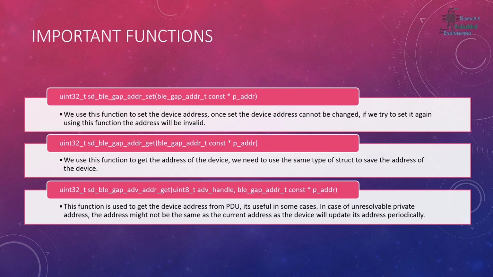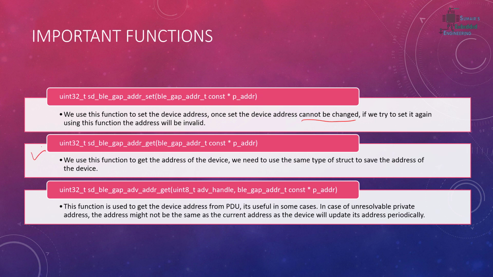This function will set the device address. Once set, the device address cannot be changed. This should be kept in mind, and if we try to set it again using this function, the address will be invalid. So we have to make sure we set the address only once in the power cycle.